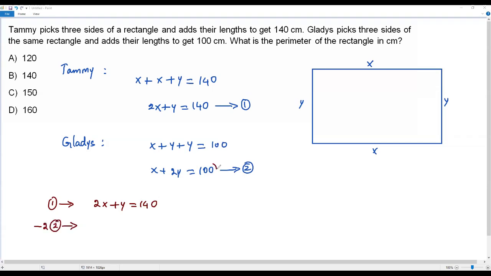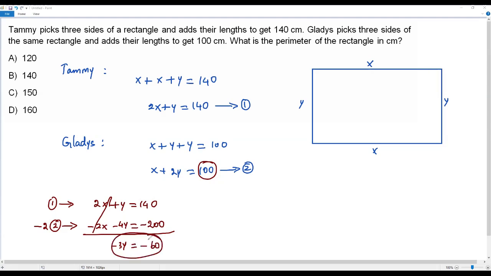So I have to multiply each term on the left side by -2, and I'm getting -2x. When I multiply this 2y by -2, I'm getting -4y. When I multiply this 100 by -2, I'm getting -200. So here this 2x and -2x will cancel out. When I combine this y and -4y, I'm getting -3y. And when I combine this 140 and -200, I'm getting -60.